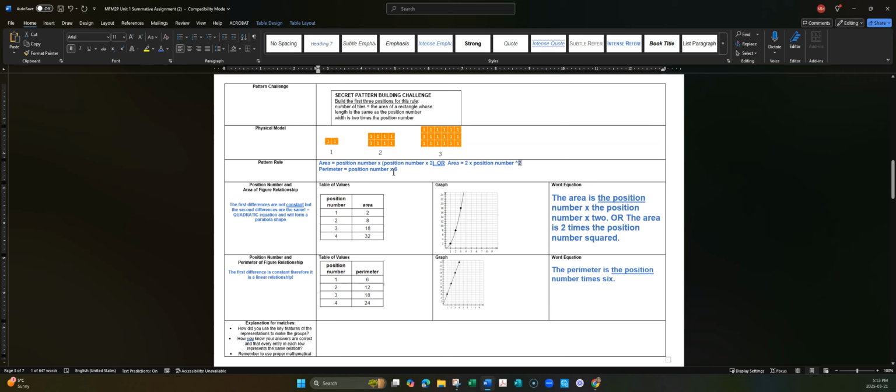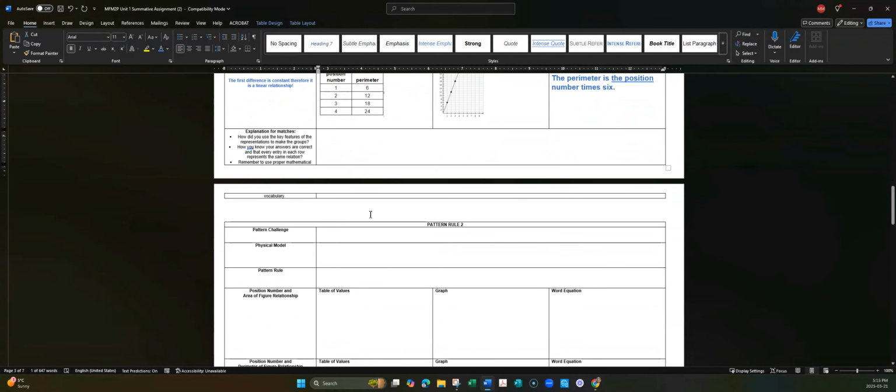A linear would have the highest exponent of 1. Notice there's no exponents here, which is an implied exponent of 1, right? And so I know that that's going to be a linear relationship. I know that my independent variable is always the position number, because it told us that. So I could find the graphs. I could literally match up the tile positions with the table of values that already existed. And remember, they're not going to always exist.